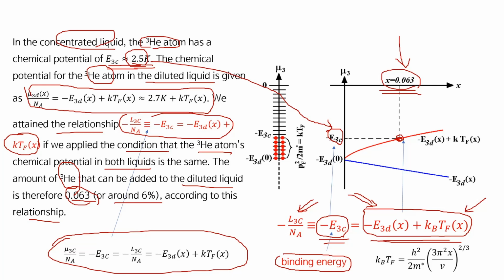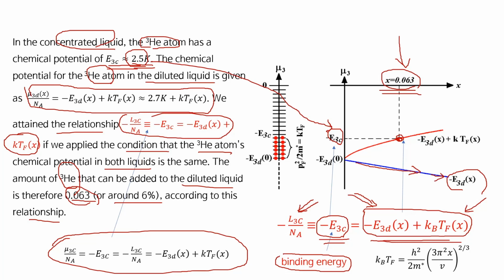And the binding energy of helium-3 in the diluted liquid is decreasing as the helium-3 content increases, because the interaction between the helium-3 atoms increases with their number, so the binding energy is negatively increasing.